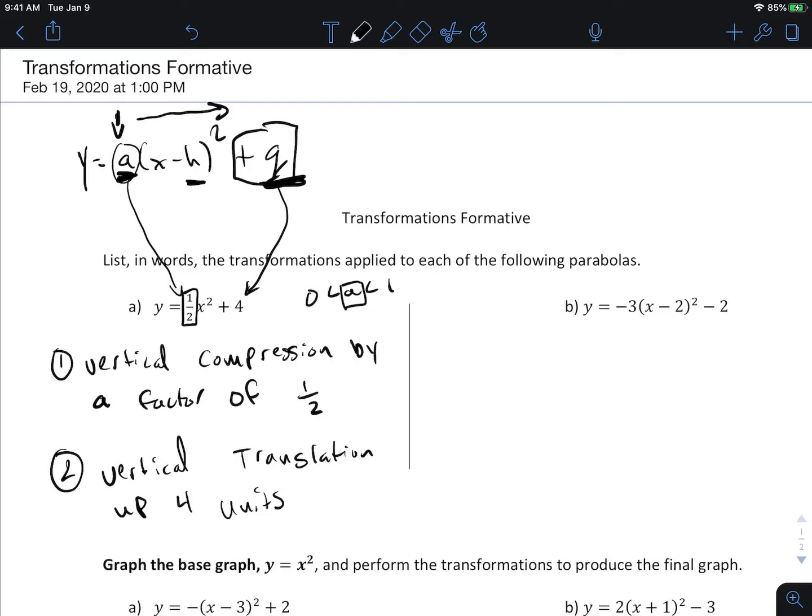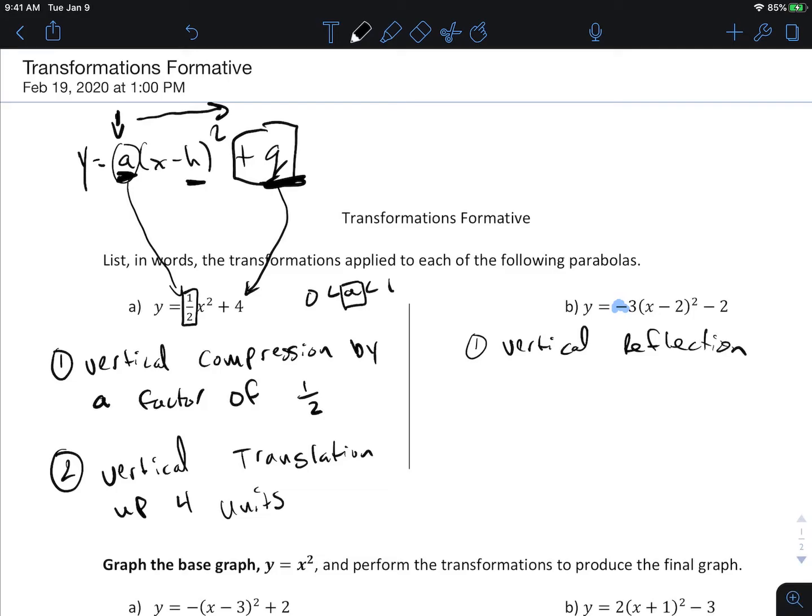Okay. So I see here, I see the negative. Do you know what the negative means? Flip it, right? We could say it's a vertical reflection, right? So there's 1.